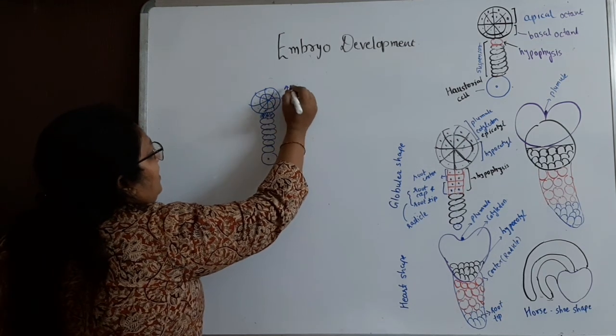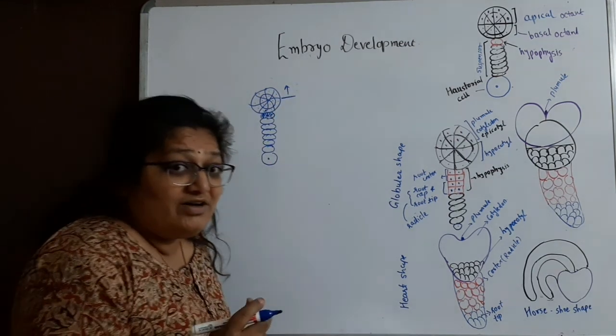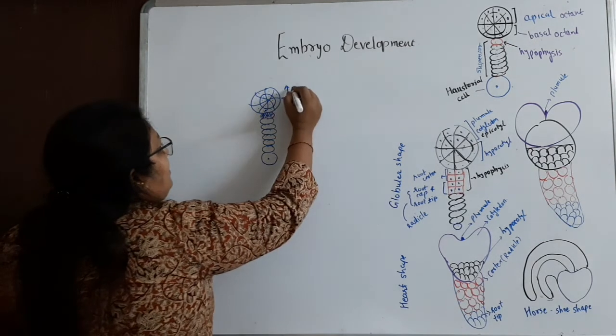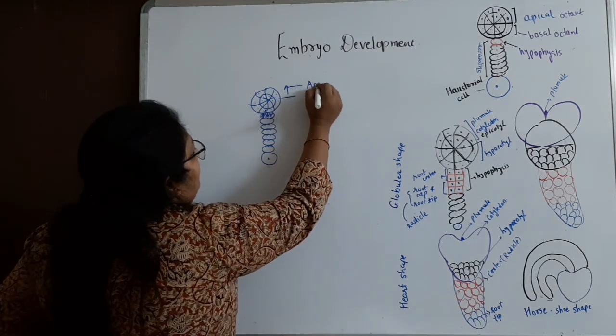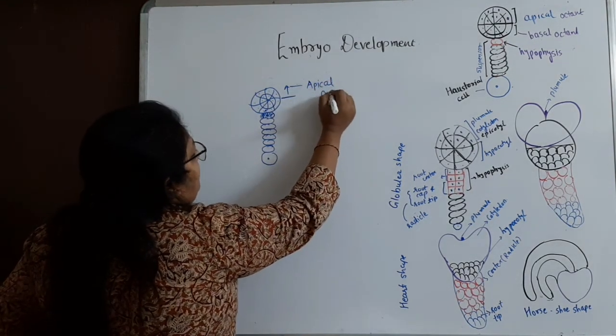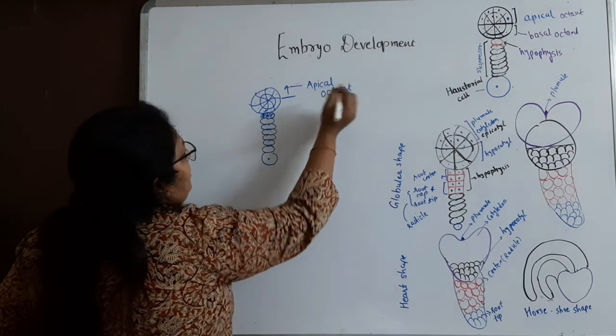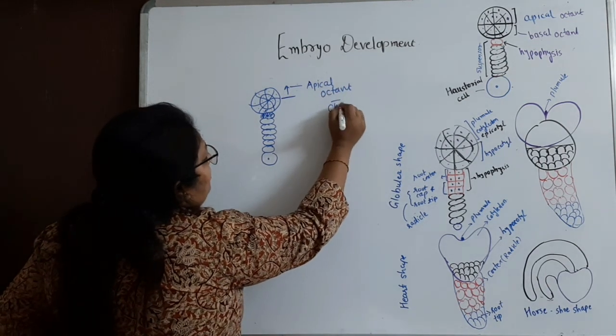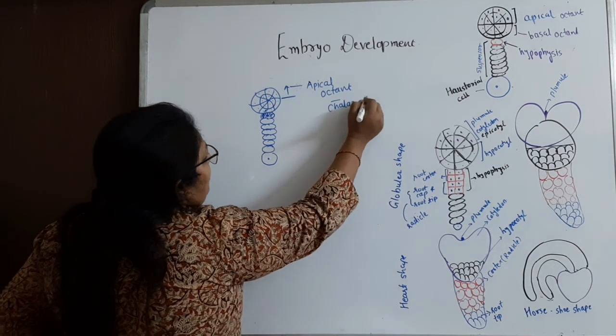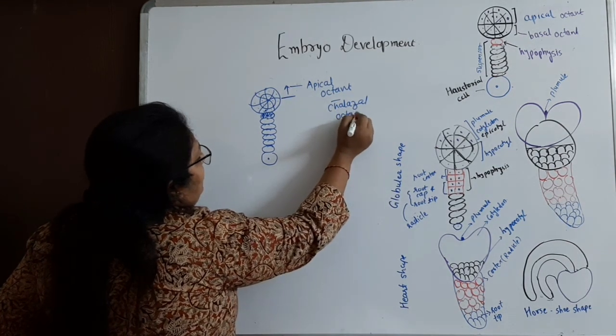So the upper 8 towards the chalazal end is known as the apical octant or chalazal octant.